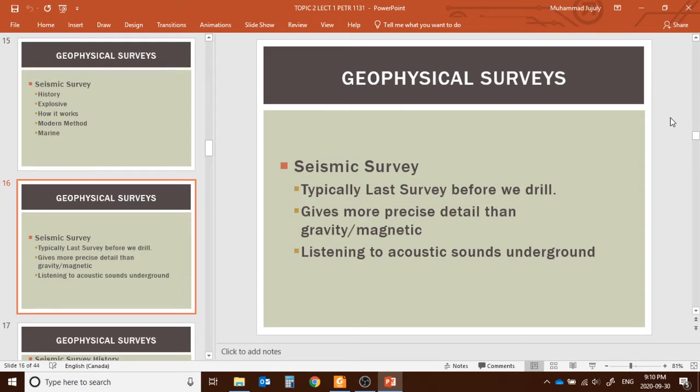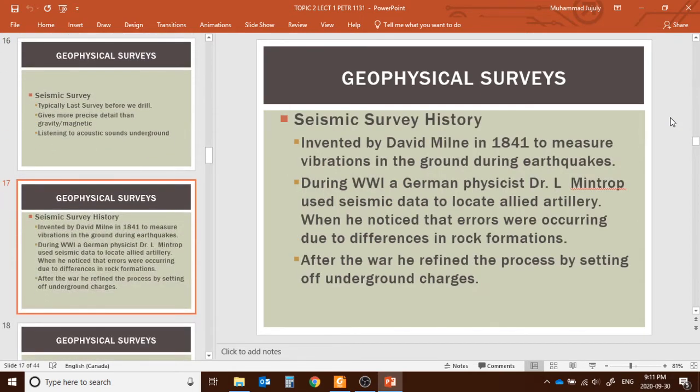Typically the seismic survey is the last survey, the final one, and it is based on acoustic sound. Okay, it listens to acoustic sound in the underground. It was developed by the German physicist Mintrop, and the first time we used it was in World War I to locate artillery.